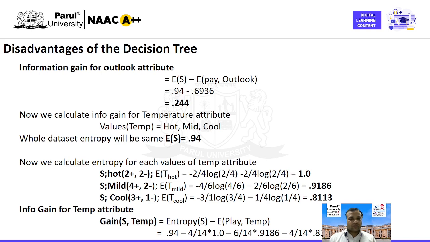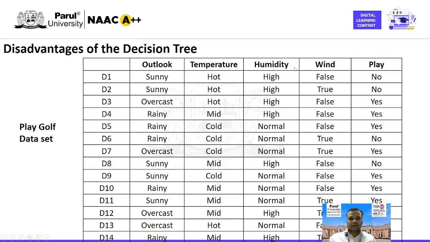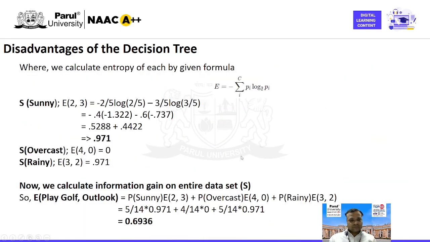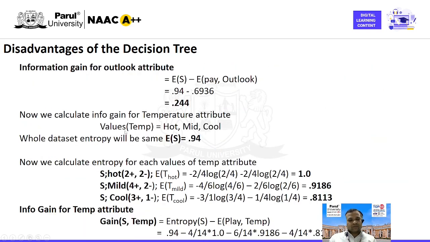Okay, now we calculate info gain for the temperature attribute. Similarly, we calculate for humidity and wind also. The values of temperature are hot, mild, and cool. Whole data set entropy will be the same, 0.94, and now we calculate entropy for each value.